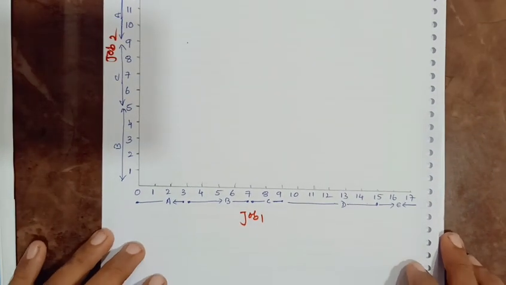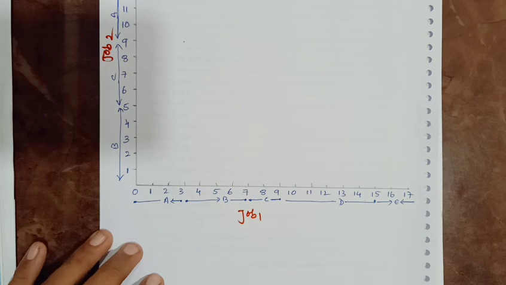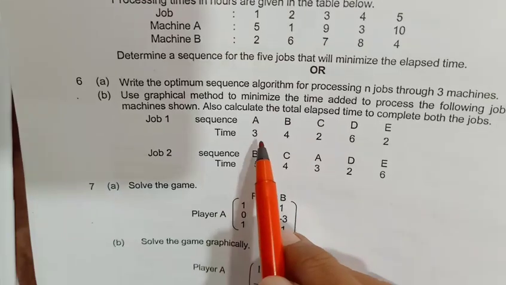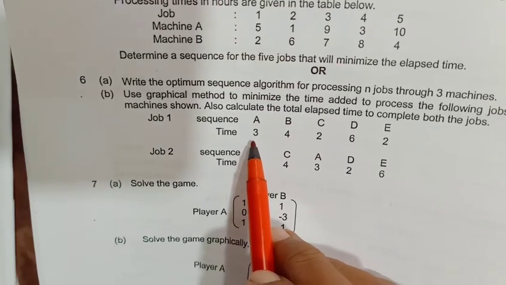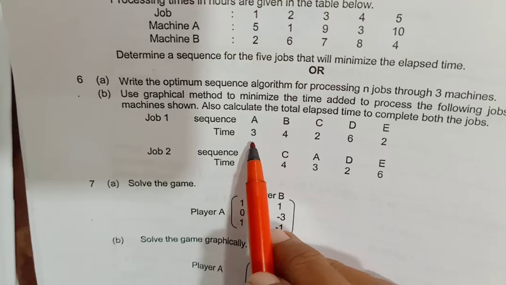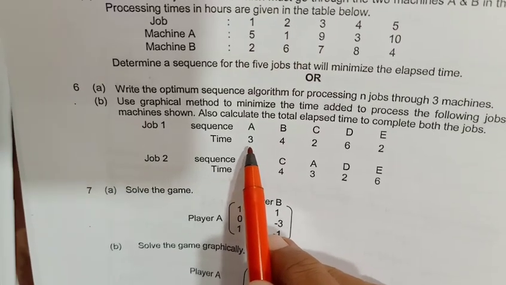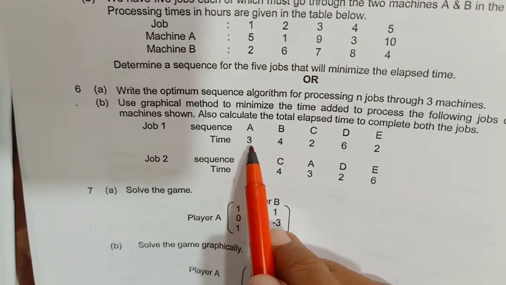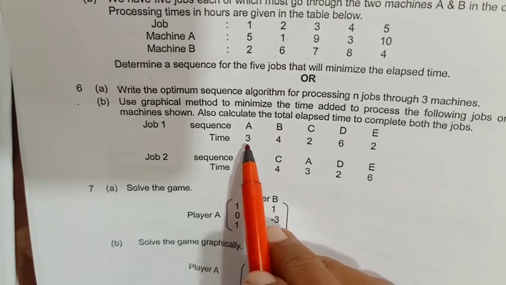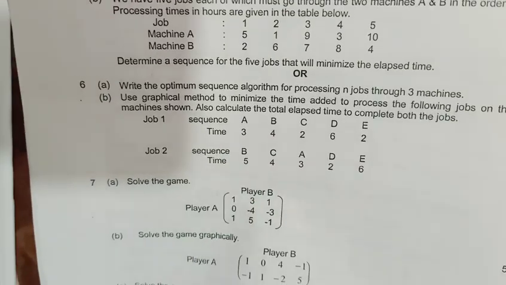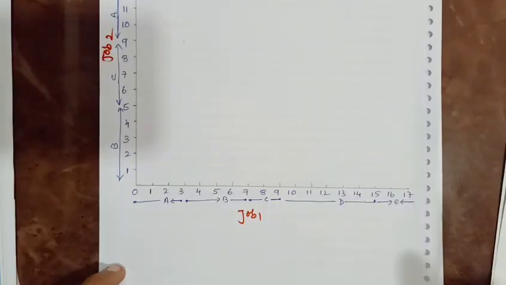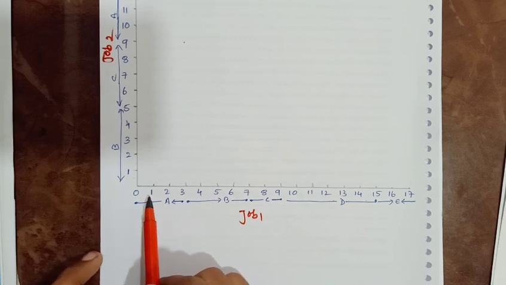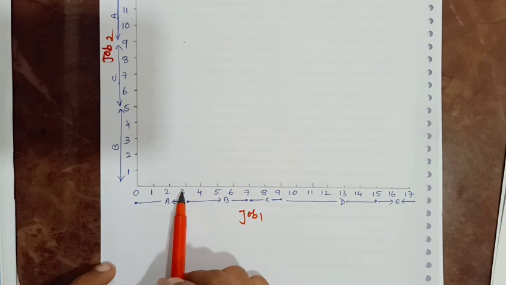Here, job A is taking a processing time of 3 hours. So in the job 1 sequence, A is taking 3 hours, and we have to represent this on the graph: 0 to 1 hour, 1 to 2, 2 to 3.